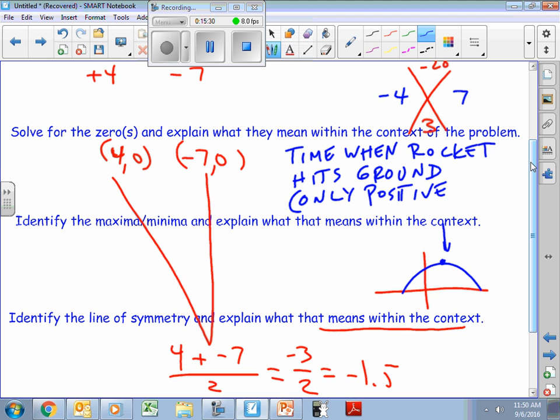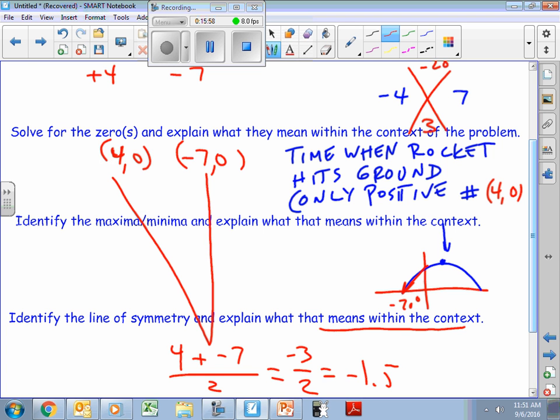Only positive number. So it's when the rocket hits the ground. The negative is negative time, like the -7. On the picture, that -7 would be over here, and the way they say it is if you turned the rocket and shot it toward the ground, that's where it would hit.